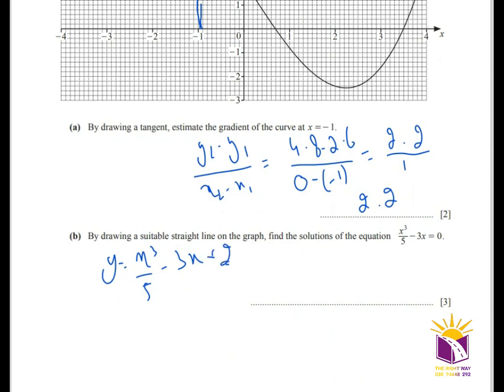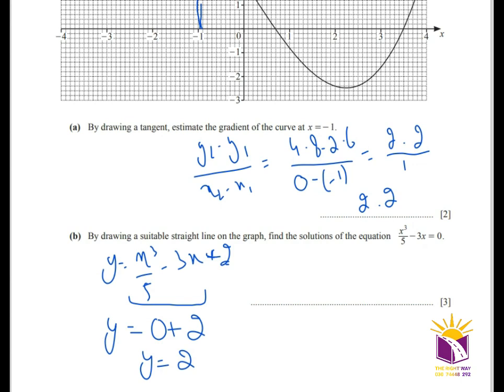This is my equation, and I have to find the solution of x cubed over 5 minus 3x equal to 0. If I put x cubed over 5 minus 3x equal to 0 over here, then my equation will be y is equal to 0 plus 2, and y is equal to 2.